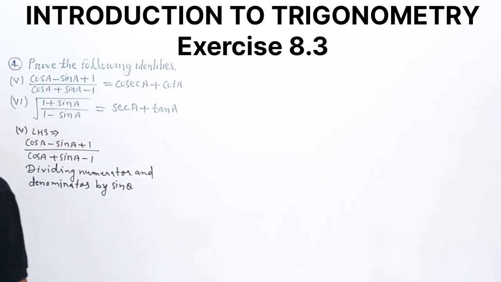This one is the numerator, and this is the denominator. We are dividing the numerator and denominator by sin theta. Then what are we getting?